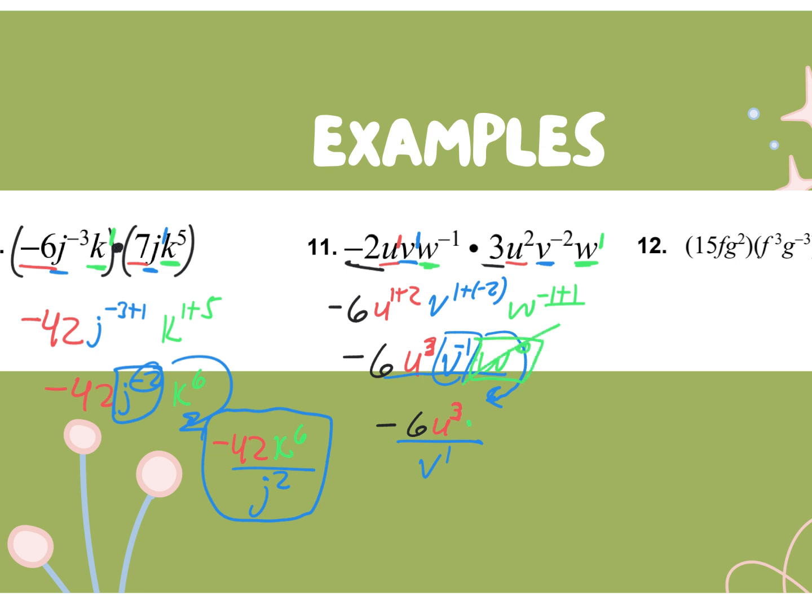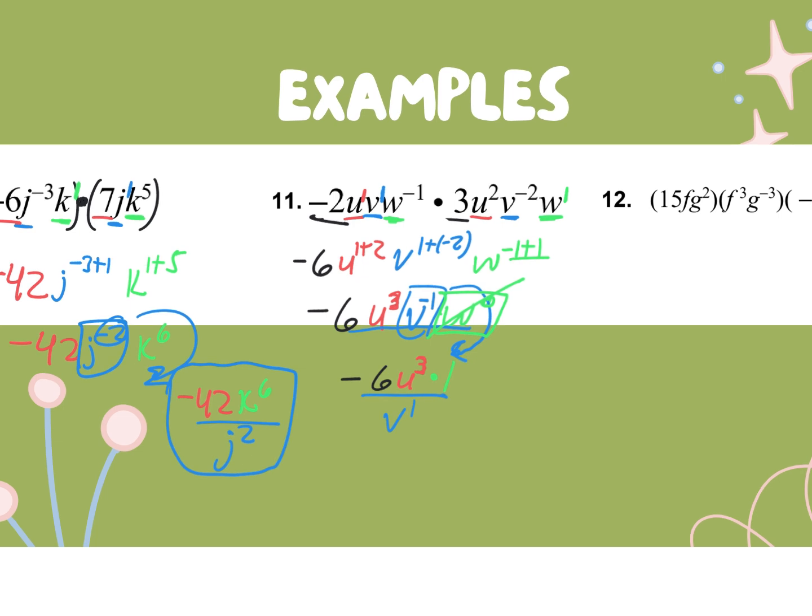So I'm going to get rid of that and replace it with a 1. Now if you're multiplying anything by 1, it just stays the same. It doesn't change the value. So my final answer for this one is going to be negative 6, u to the 3rd over v. You could say v to the first power, right? But if it's to the first power, you don't need to write the exponent. So that's your final answer.